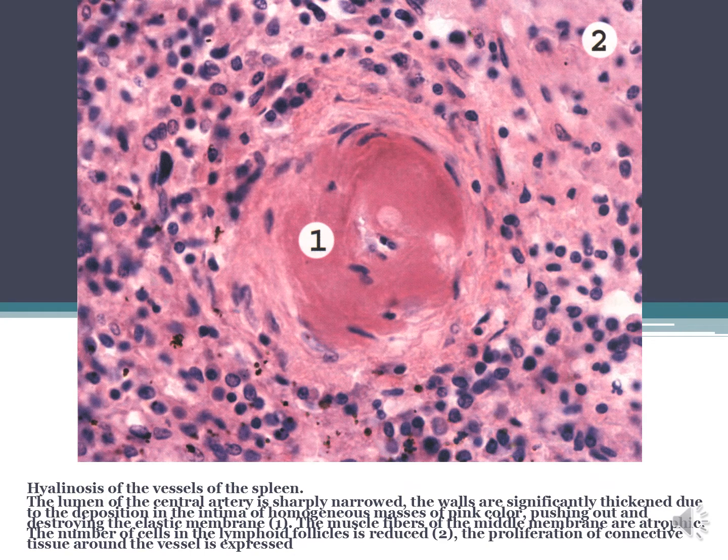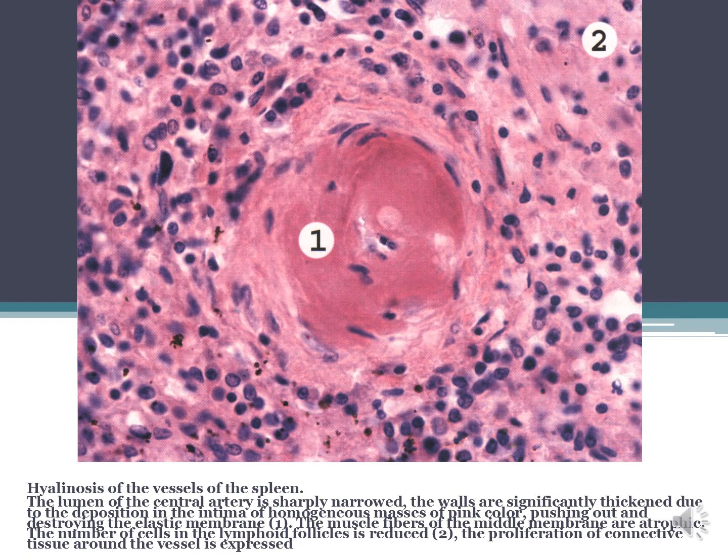The walls are significantly thickened due to the deposition in the intima of homogeneous masses of pink color, pushing out and destroying the elastic membrane. The muscle fibers of the middle membrane are atrophic. The number of cells in the lymphoid follicle is reduced.